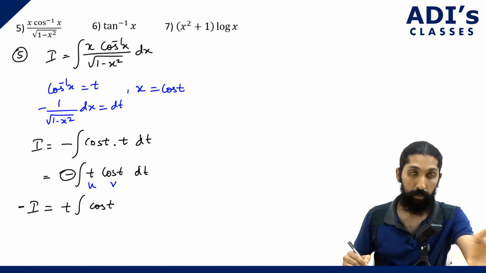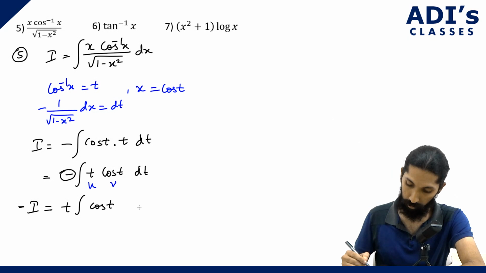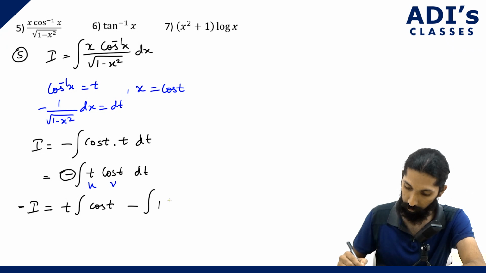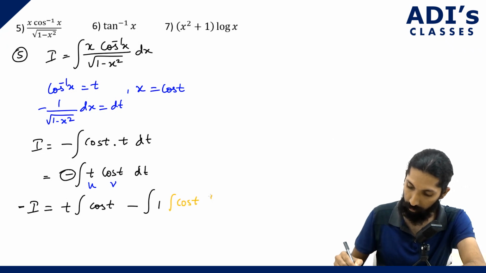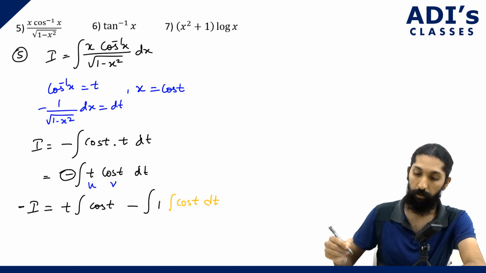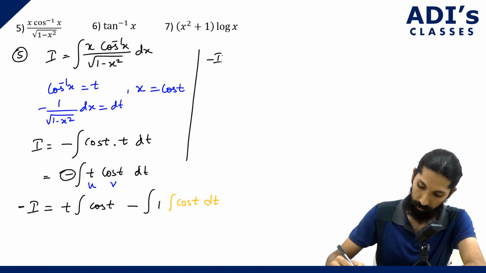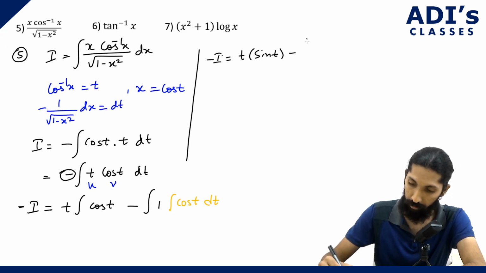So t into integral of cos t minus integral of 1, that's t dash, right, into integral of cos t dt. Fair enough? Now you have minus I is equal to t into sin t minus integral of sin t dt, of course.